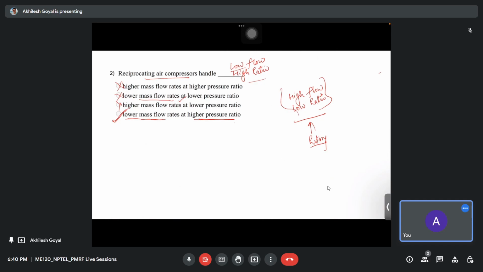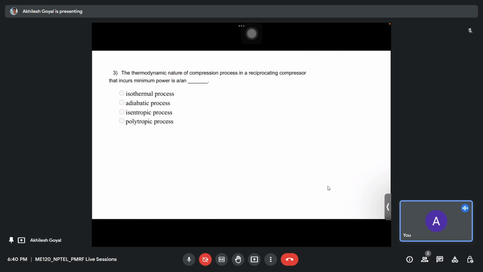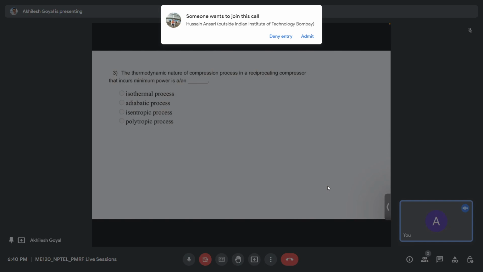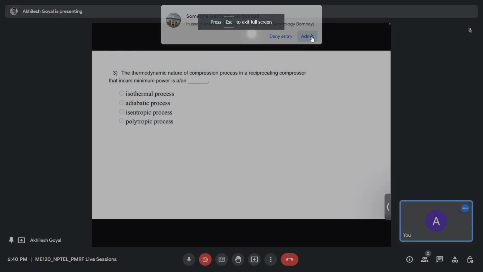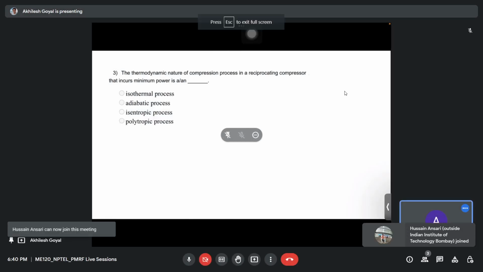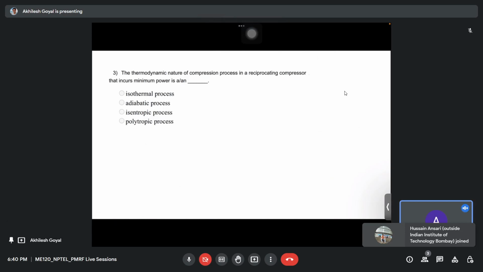So let's move to the next one. The third question is: the thermodynamic nature of compression process in a reciprocating compressor that incurs minimum power is.